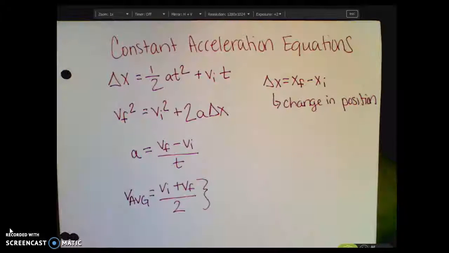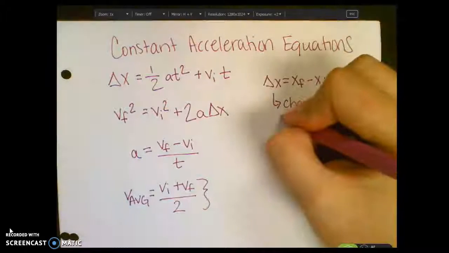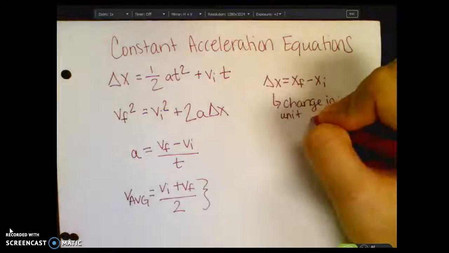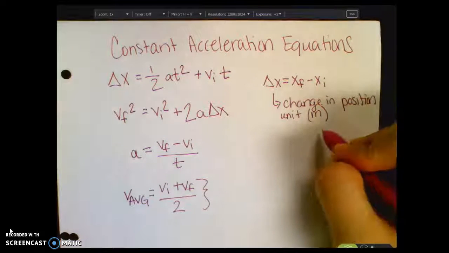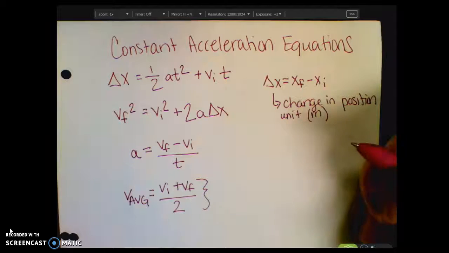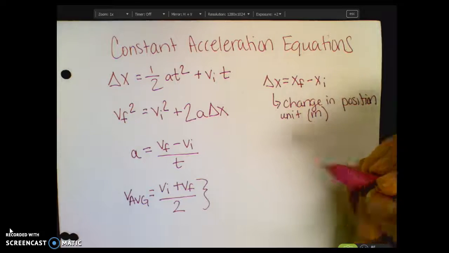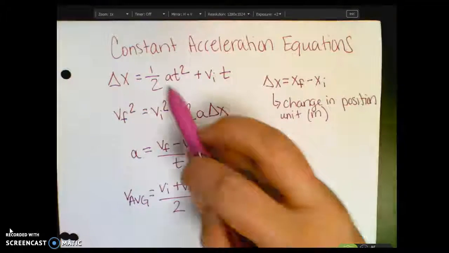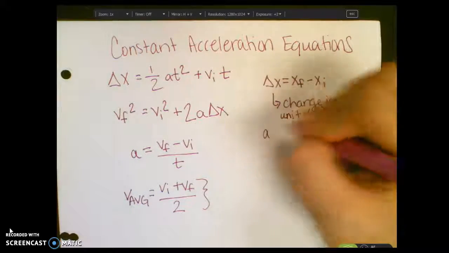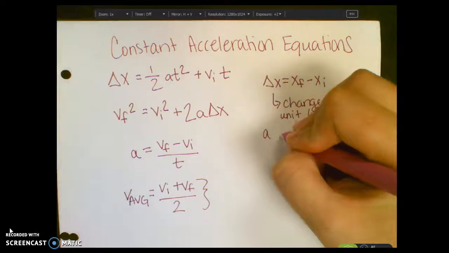Our units should always be meters, those are the SI units. Sometimes a problem will allow you to use kilometers, but for acceleration, 9 times out of 10 it will be meters. a, obviously, is our acceleration.